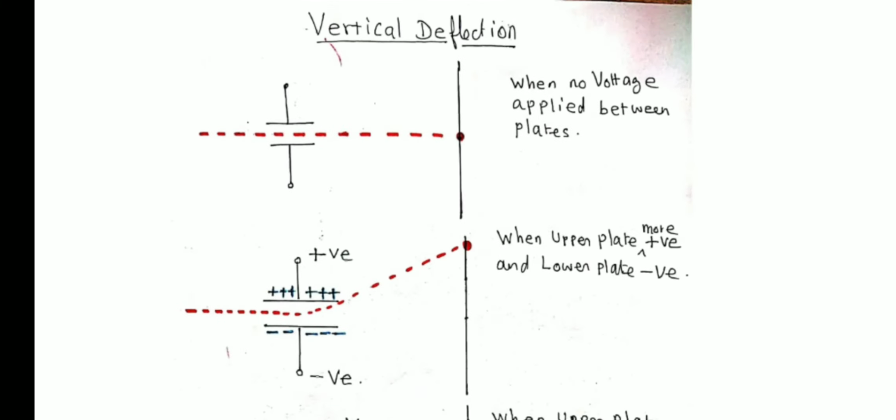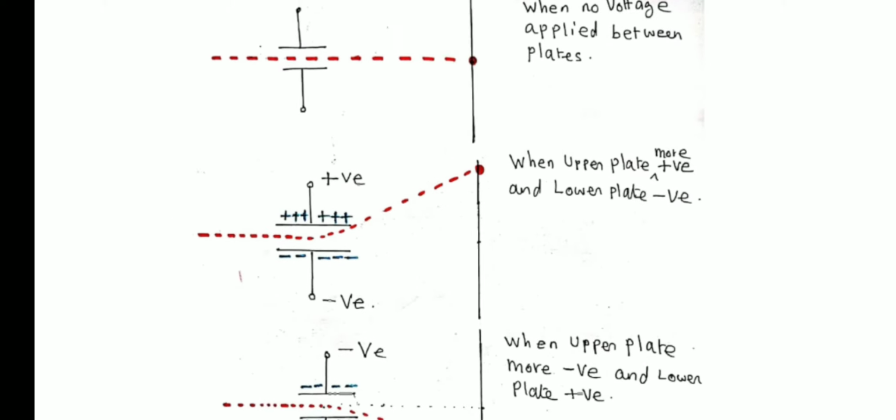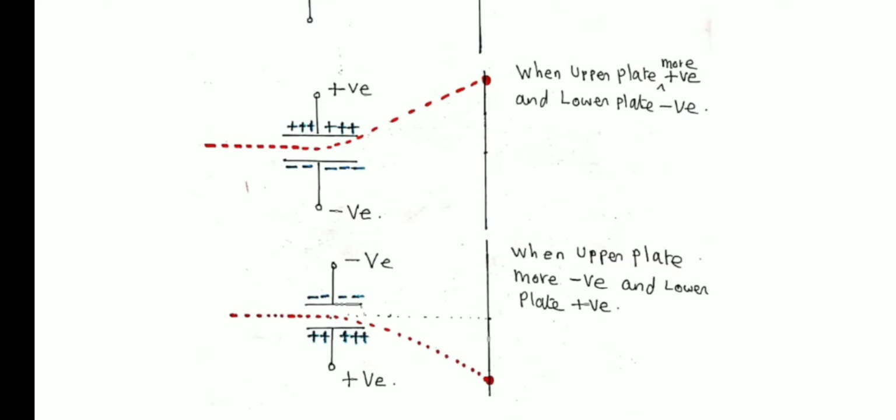When no voltage is applied across the vertical deflection plates, the luminous spot appears at the center of the screen, and when you apply the voltage across the vertical deflection plates, let it be like upper voltage positive and lower voltage negative, and the positively charged plate attracts the negatively charged electrons.